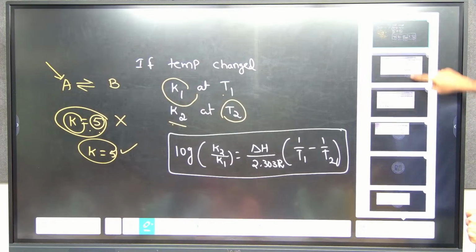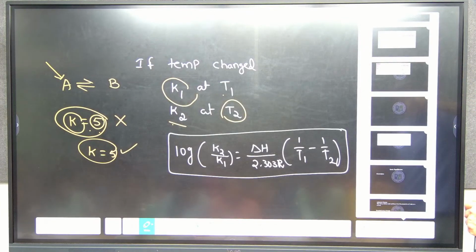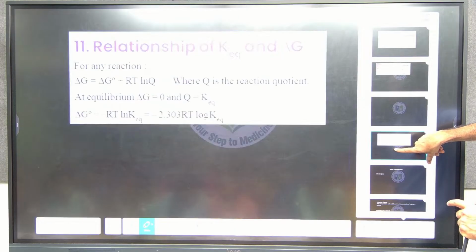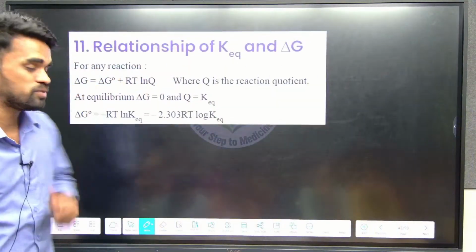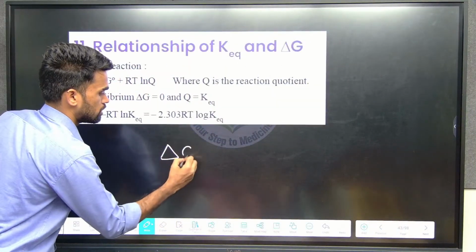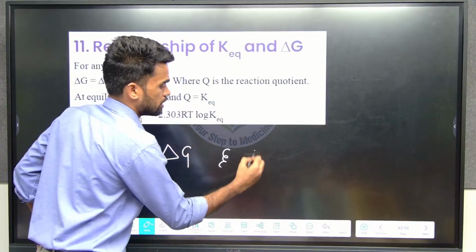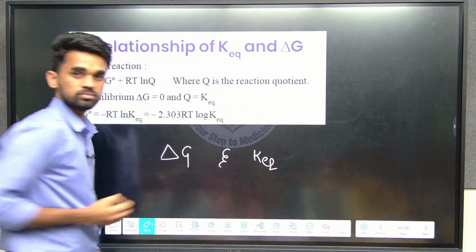Okay, done. Yesterday we studied Gibbs free energy, delta G. So how can you relate Gibbs free energy and the equilibrium constant?